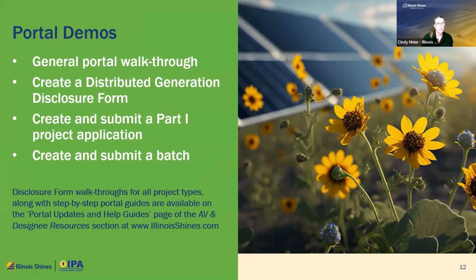I did want to mention that there are disclosure form walkthroughs for all project types, along with step-by-step portal guides. And those are available on the portal updates and help guides page of the AV and designee resources section at illinoisshines.com.